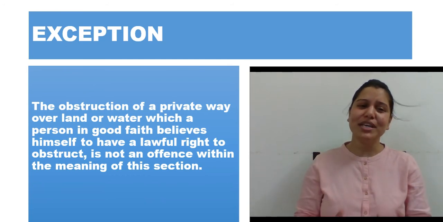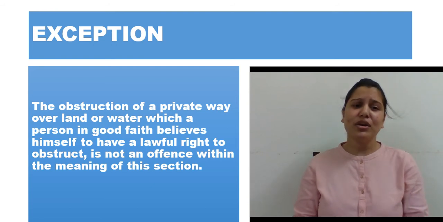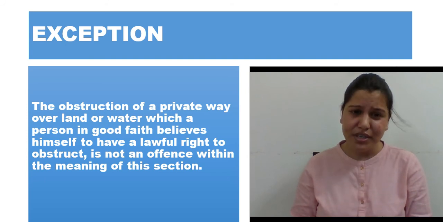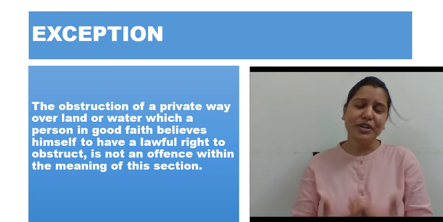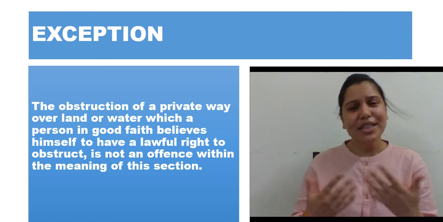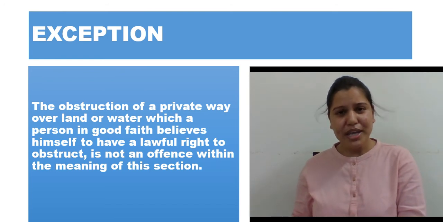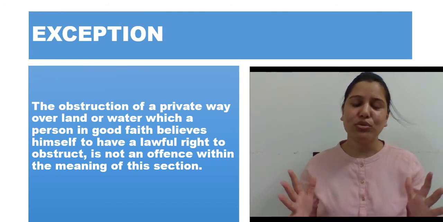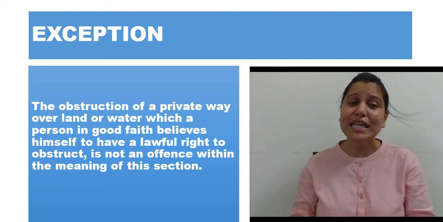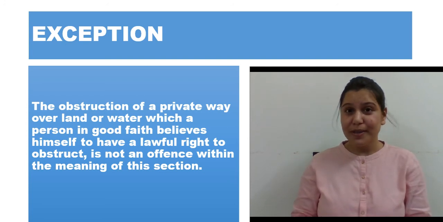So, as I always say, if it is done in good faith, believing himself to have a lawful right over the property, and then he obstructs somebody from entering into the property or water, then it does not amount to wrongful restraint because he is acting in good faith, believing himself to have the lawful right to obstruct, right?